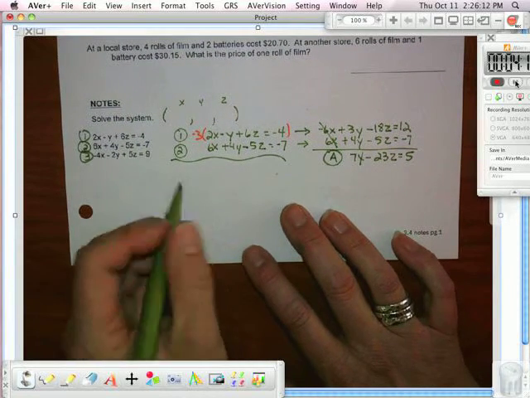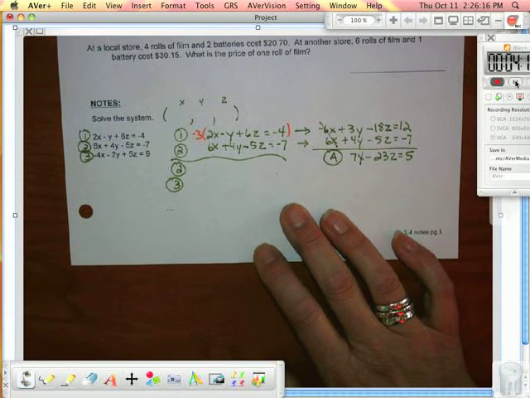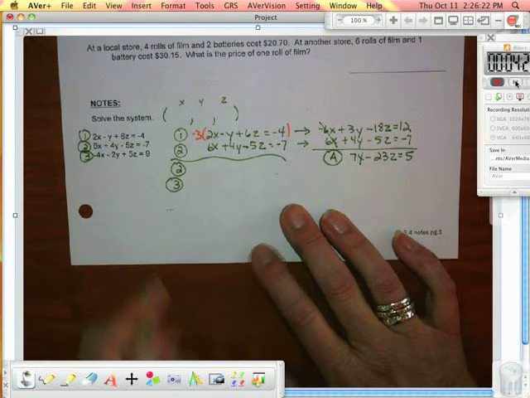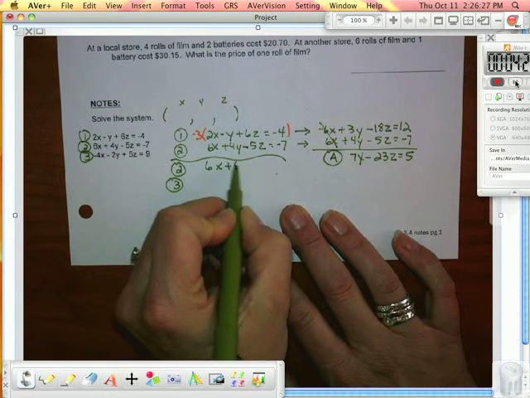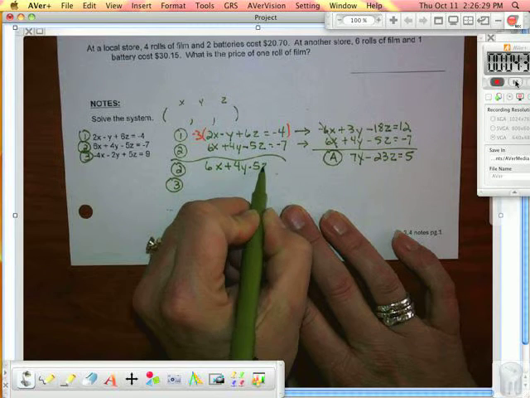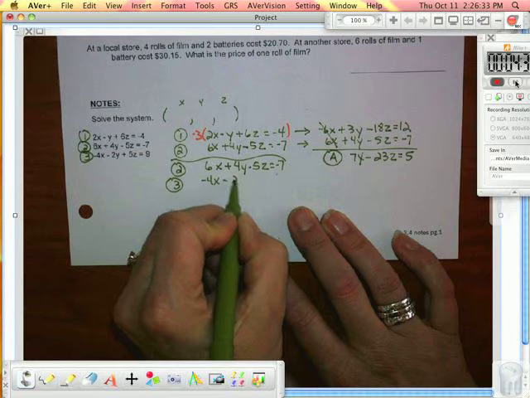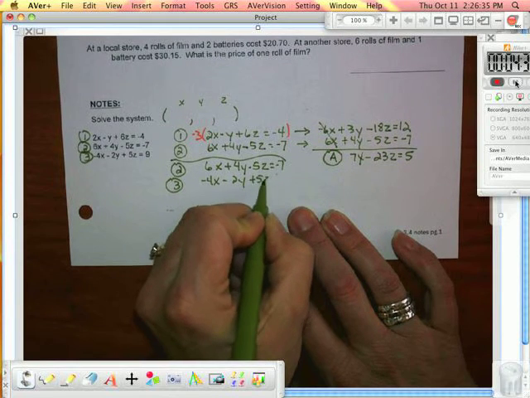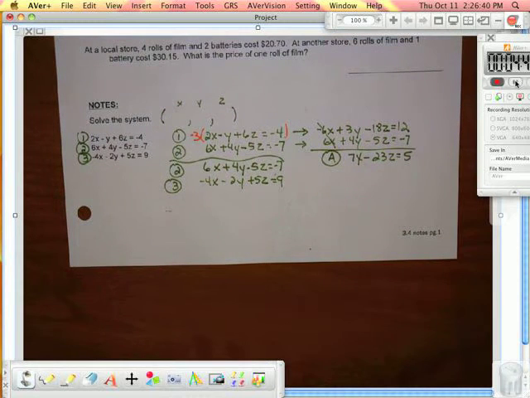So now I'm going to do 2 and 3. Oh, but look, 2 and 3 are kind of pretty. Well, not really. I still have to eliminate x. If I had done z, it would have been easy, but that's okay. I'm going to rewrite them. I know you all are going to try and eliminate steps, but it's okay.